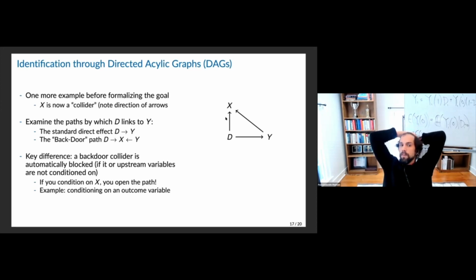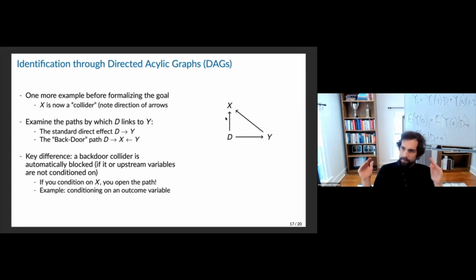Well, the key difference here is that a backdoor collider is automatically blocked. So formally, what this means is that when a path is such that there's an intermediate variable where the two causal arrows hit one another, then that path no longer generates bias.